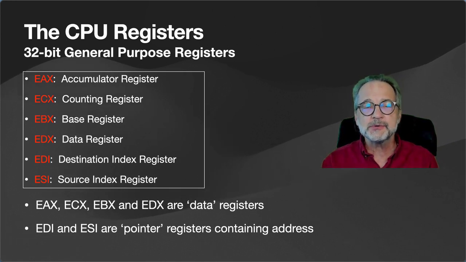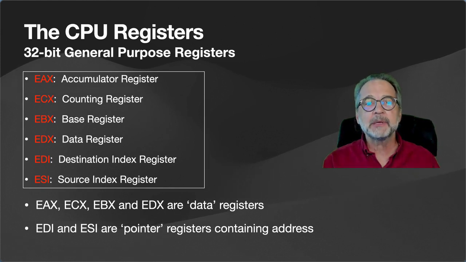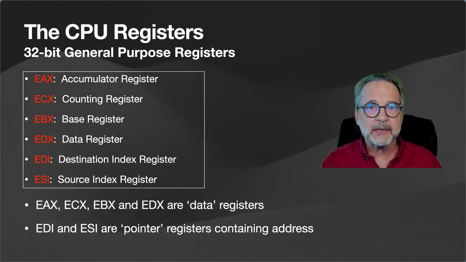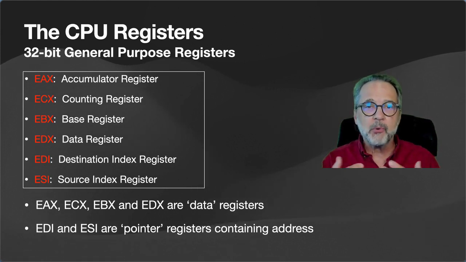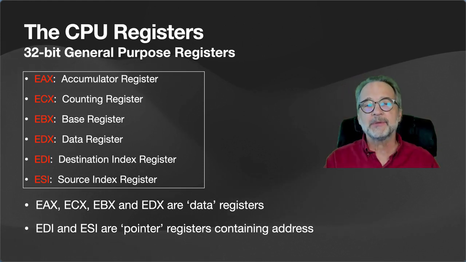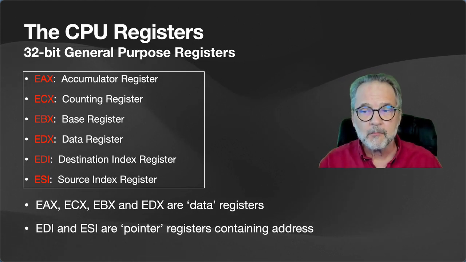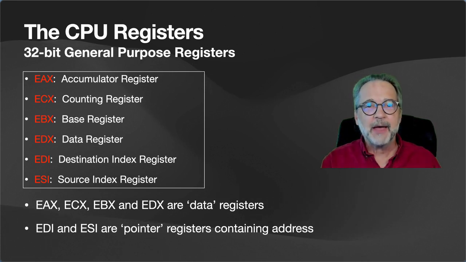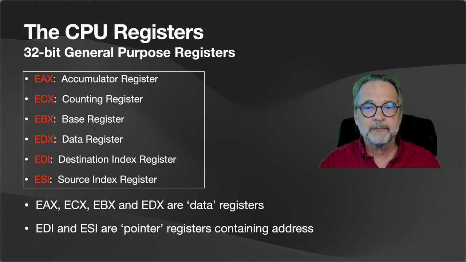You can use them like the other registers for any general data, but you have to be careful, because they're targeted as registers where you put the address or pointer of a variable or data. Not all the time, but there are some statements or commands in assembler language syntax that require those registers to be used for indexes or for addresses.